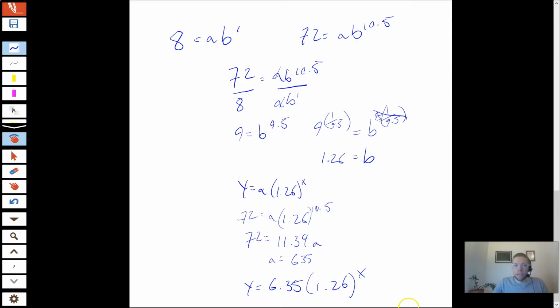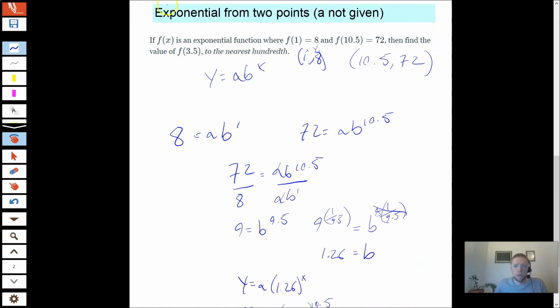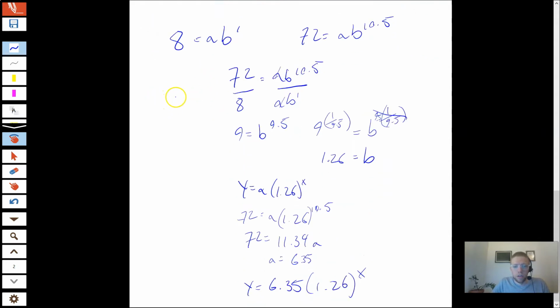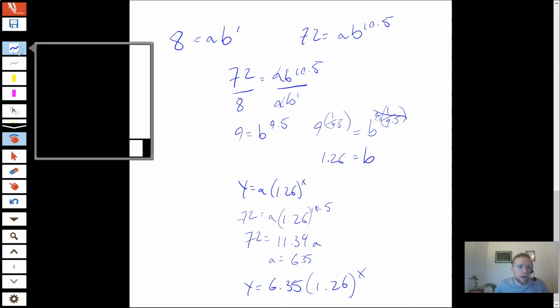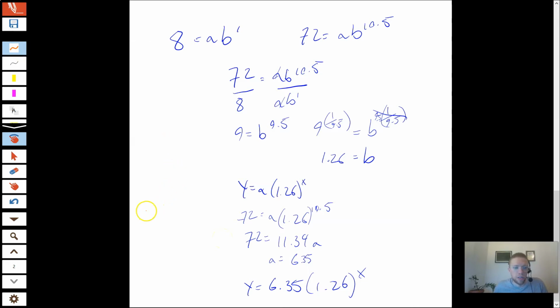Now notice we are not done yet. So the question not only asks us to find the equation, it says find the value of f of 3.5 to the nearest hundredth. Okay, so if I go back down to my function that I got, I'll switch colors for this.